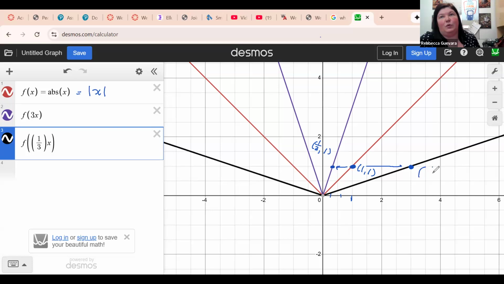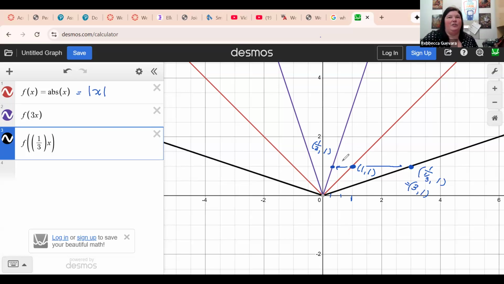What this is, is 1 divided by 1/3 and 1, because y is still 1. Or, as we see, it's going to do that reciprocal effect. So 1 divided by 1/3 is 1 times 3/1. So this is just 3 and 1. So it is moved out and it is stretched out.